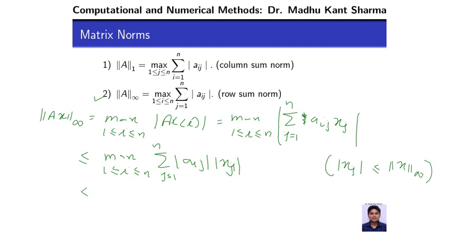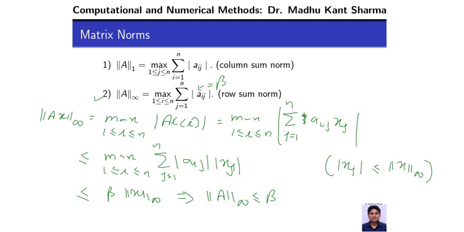So this is certainly less than or equal to, if I say the right side here is beta, beta times norm x infinity. So by a similar argument, norm A infinity is less than or equal to beta.